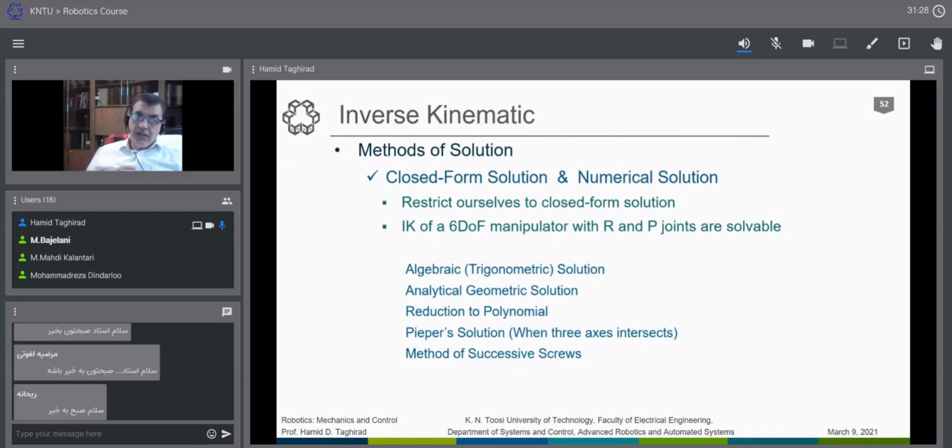Now just consider the closed form solution. Also, we restrict ourselves to a maximum 6 degree of freedom manipulator with primary joints, R and P joints, as we discussed here. If it is more than that, if we have redundancy, there are some other issues that should be considered.